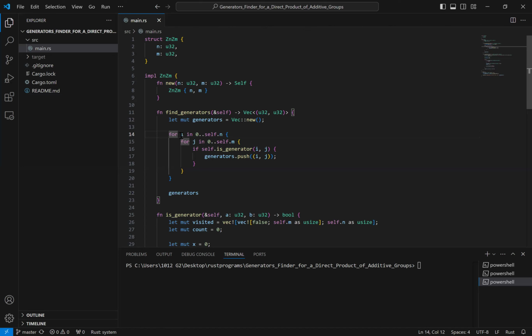And for i in 0 to n, you know what n is. N has been defined here. So n could be 8, could be 10, could be 13.